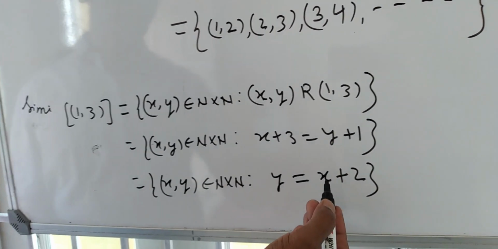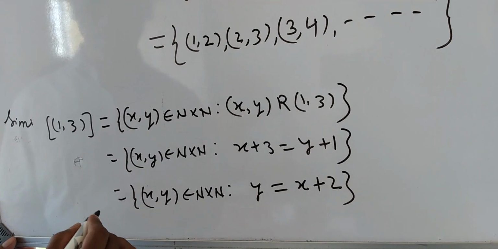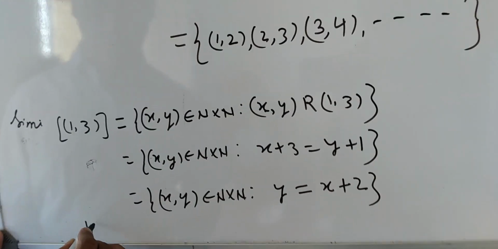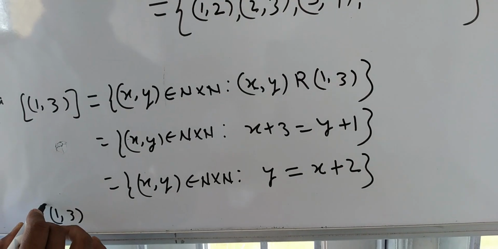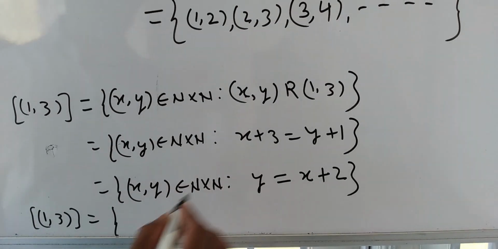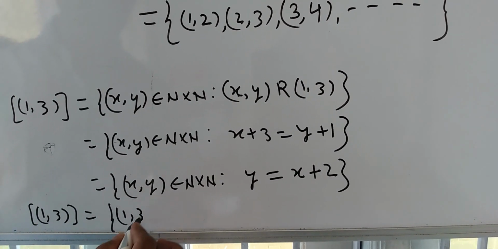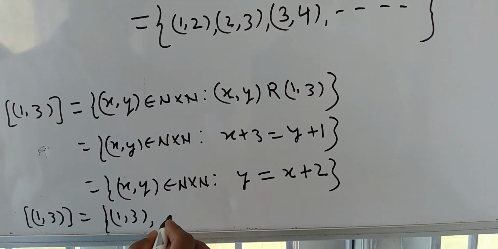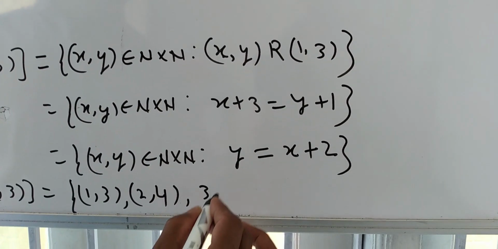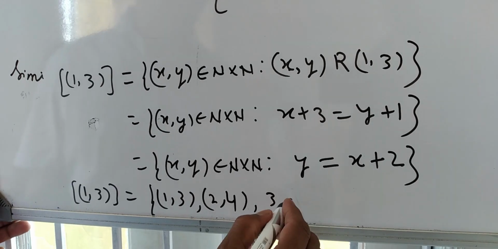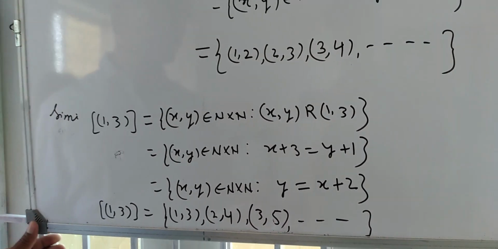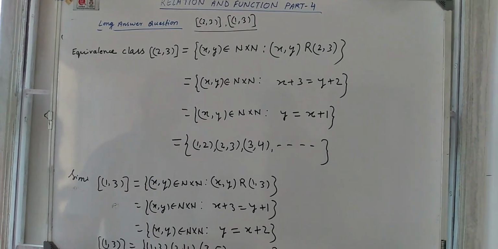Again, you put a value of x, you will get the value of the corresponding y. So the equivalence class of (1, 3) is equal to {(1, 3), (2, 4), (3, 5), and so on}. Now your question is over.